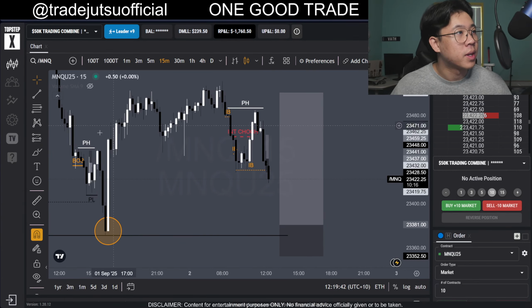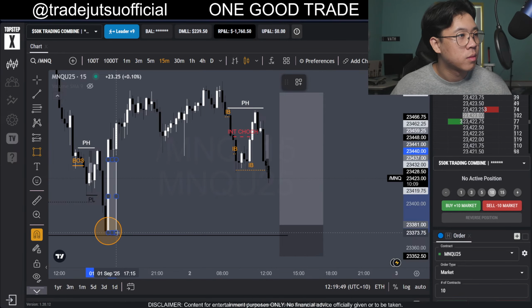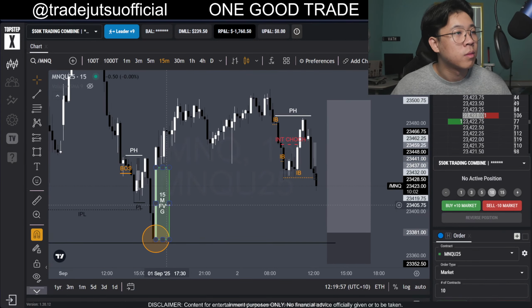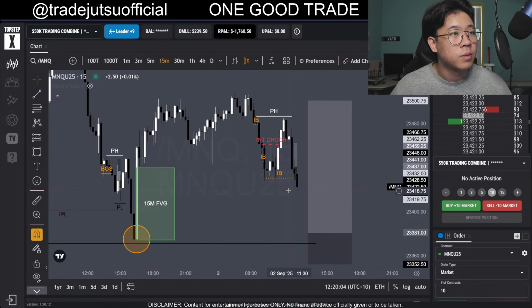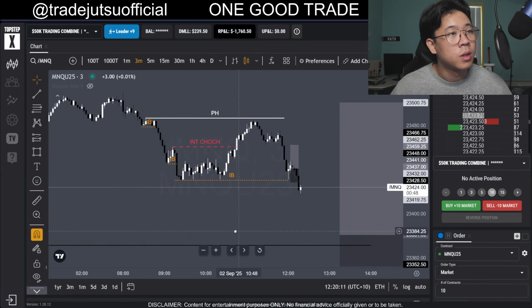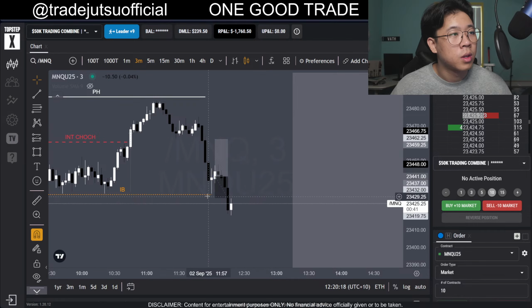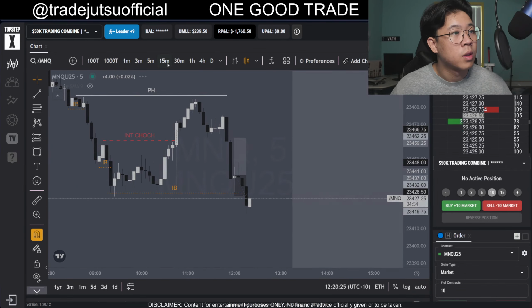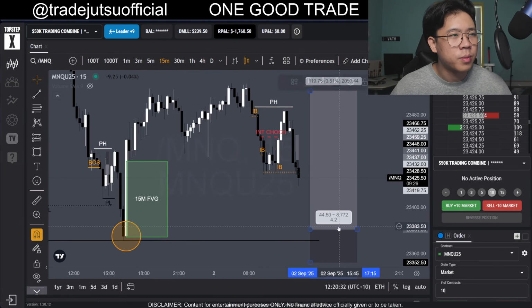As you can see, we've got a massive imbalance here. We're just going to wait for this higher probability trade, to be honest.